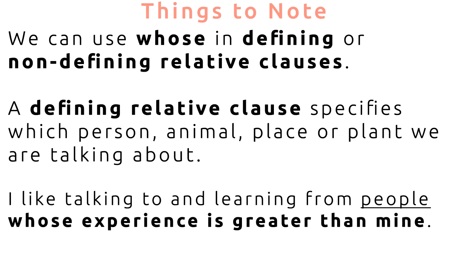For example, I like talking to and learning from people whose experience is greater than mine. This is a defining relative clause. We're defining the type of person I like talking to and I like learning from. We're specifying the type of person.